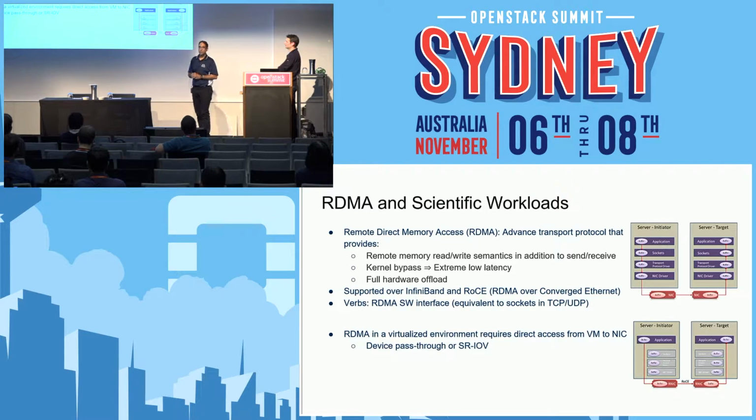It provides not only send and receive operations, but also read and write operations. So one server can read or write to the remote machine's memory directly through the network without going through the hypervisor or the kernel to do it for it.